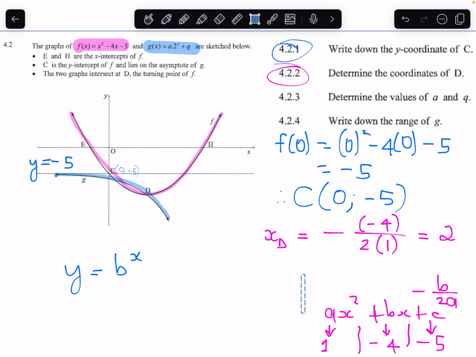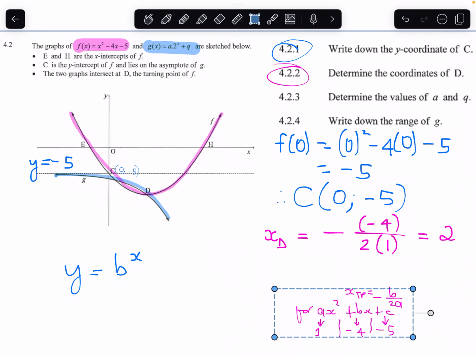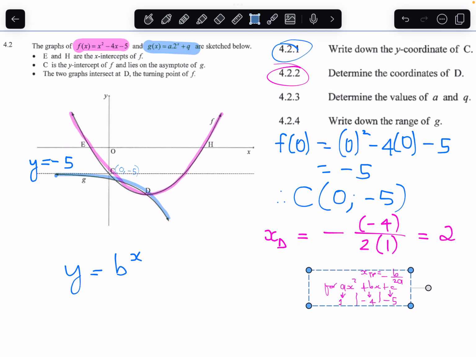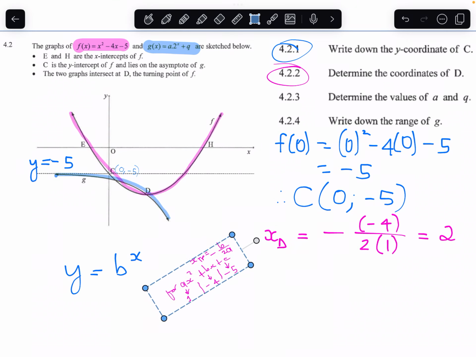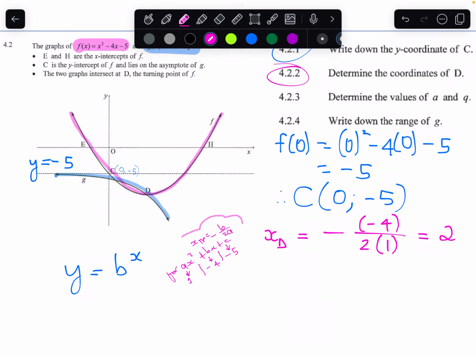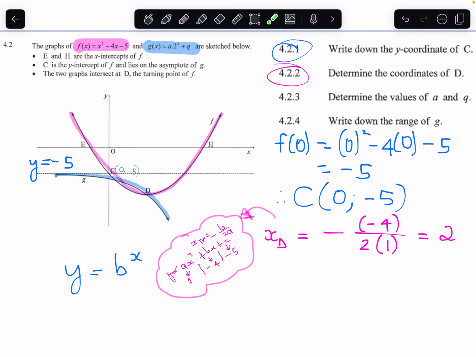And if you didn't know this formula, how else could you do it? Well, there's a couple of options really. So I want to rotate this, make it look cool. So the first alternative would be to find E and H, the x-intercepts, right?